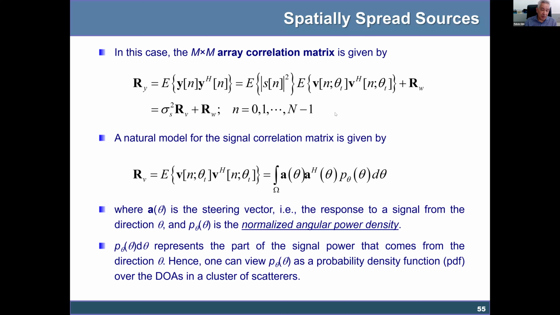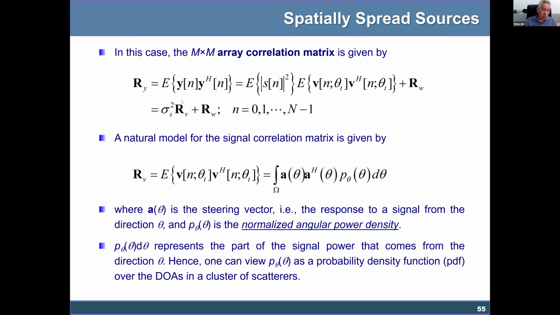So what happens is that now it is no more true that the rank of the signal covariance matrix is equal to the number of targets. So if you have just one target, it's no more true that this matrix is rank 1. But typically, this becomes a full rank matrix.